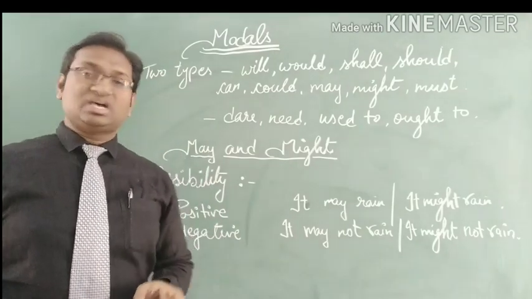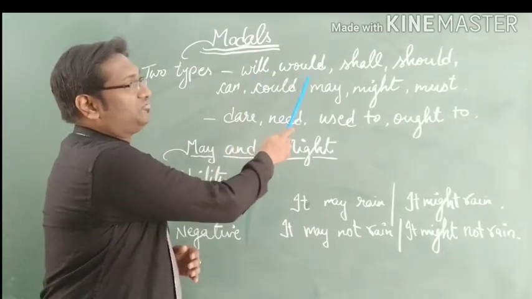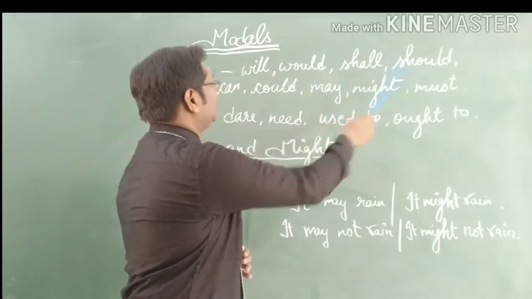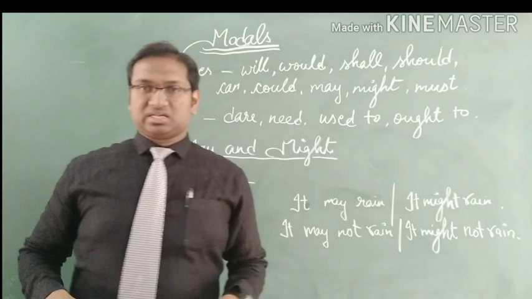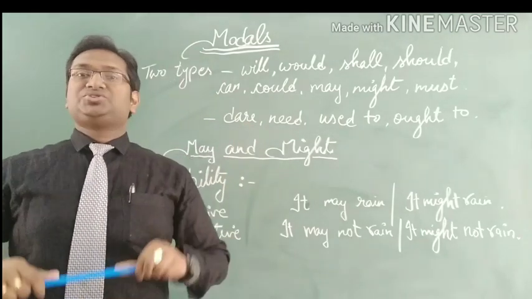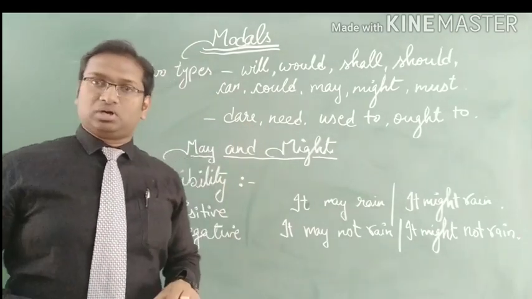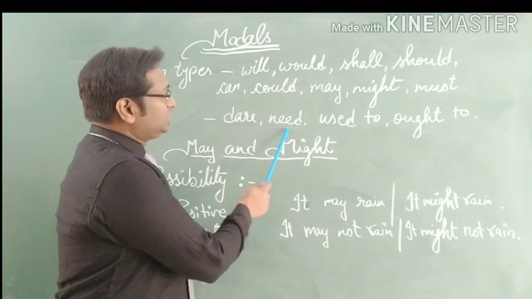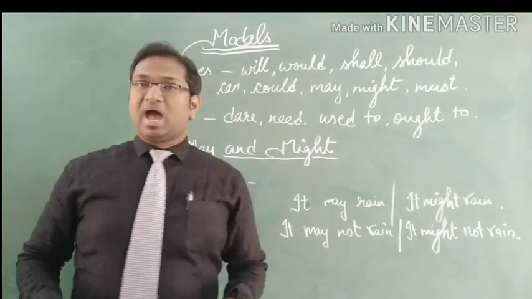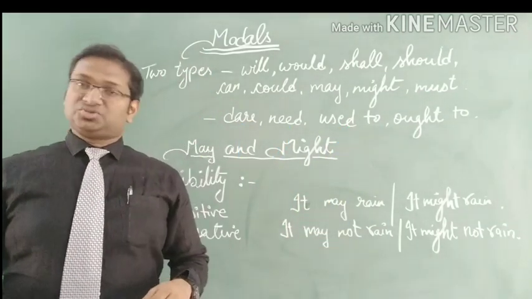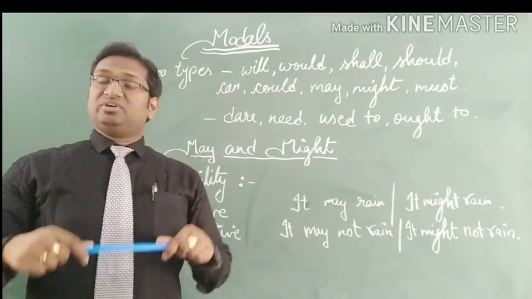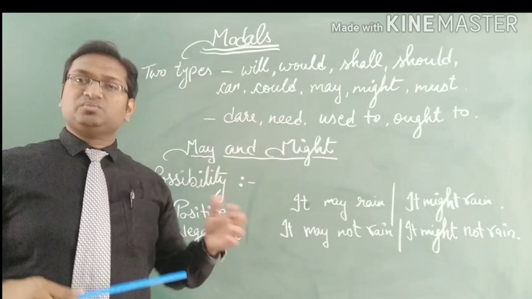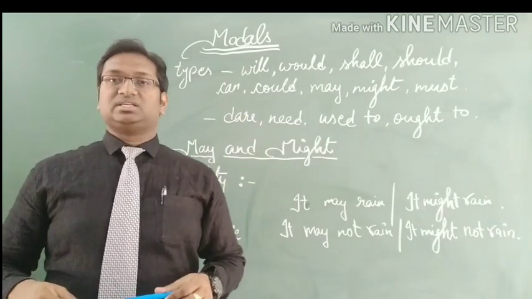Now true modals are will, would, shall, should, can, could, may, might, must. These are your true modals, and semi-modals are dare, need, used to and ought to. So we have two types of modals. Now we are going to see these modals one by one in detail.